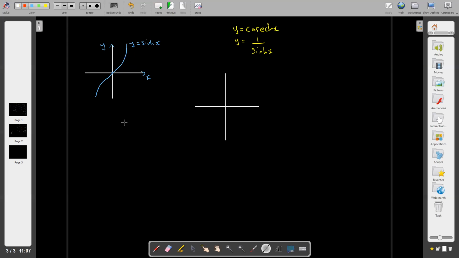So, 1 divided by 0 is simply not defined. But as we get close to 0, we're going to go really large, aren't we? Okay, so as we divide by smaller numbers, the answer will get larger. So it's going to come up like this.